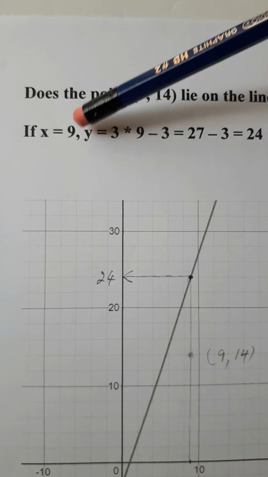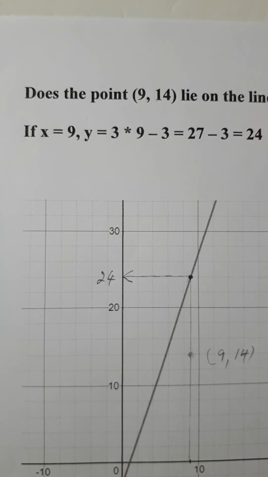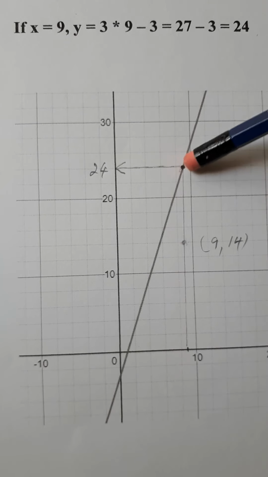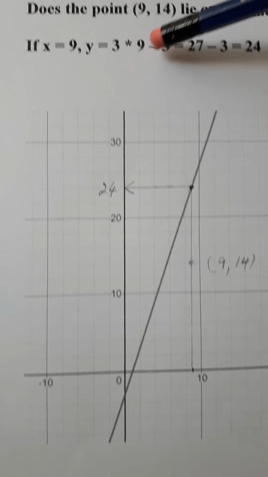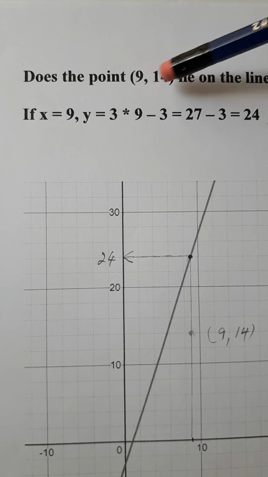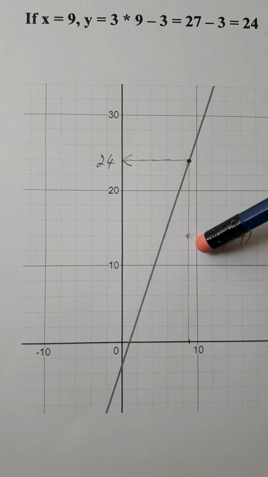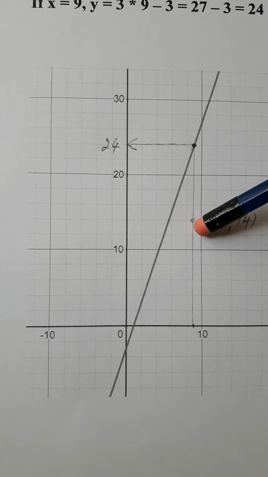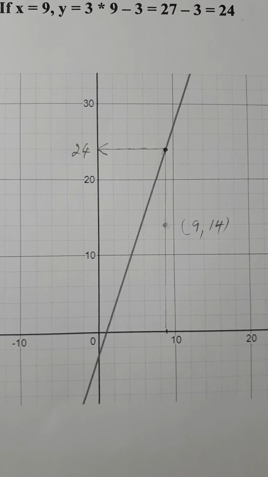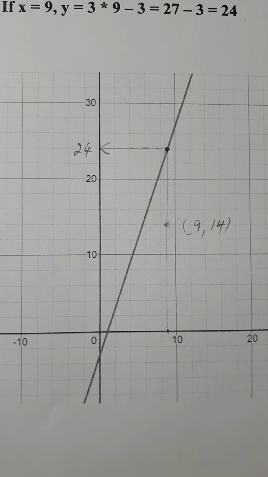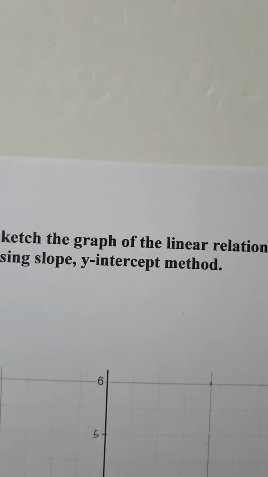So if it is on the line, y should be 24. On the line, 24. But this point that they asked, (9, 14), therefore is not on the line. So again using this graph you can clarify.